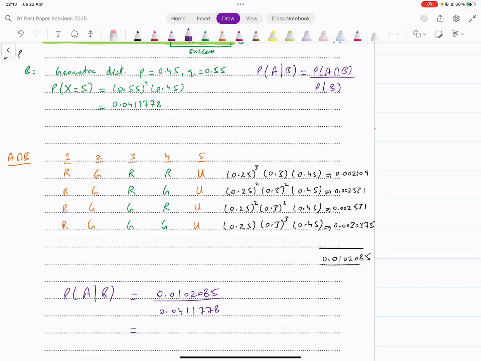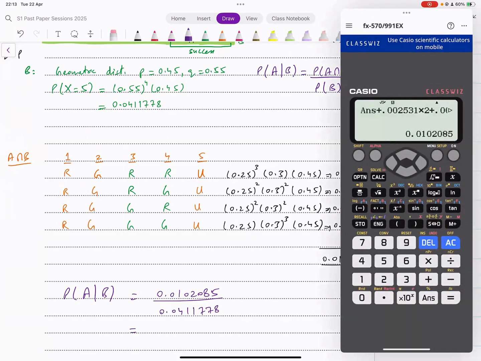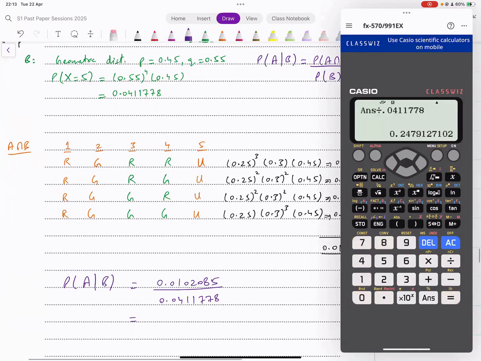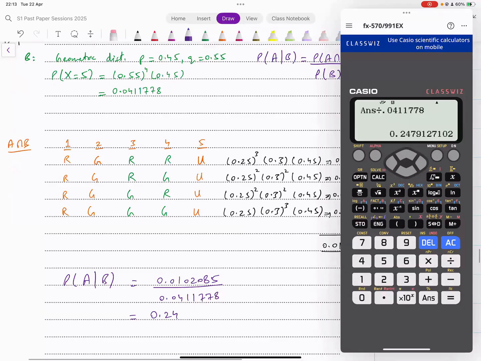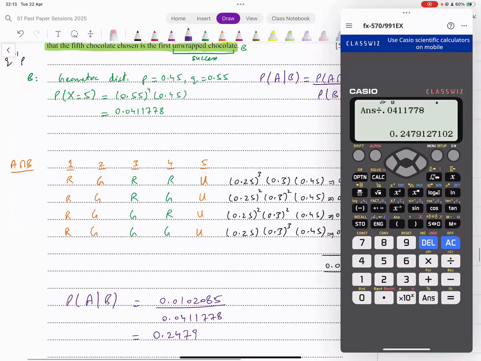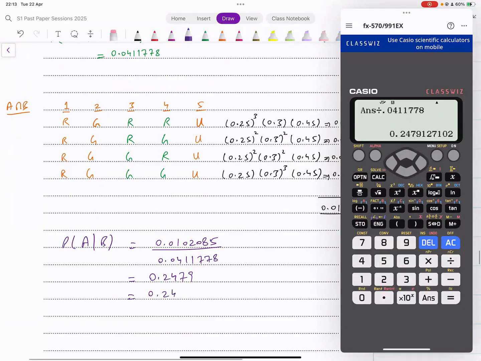You can see what that turns out to be: 0.2479, and to three significant figures, that will become 0.248. And that's the final answer that we get.